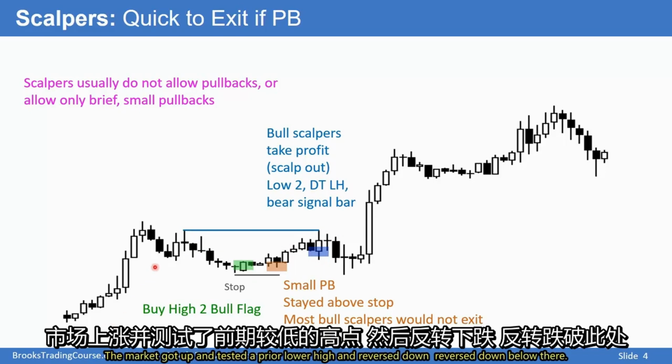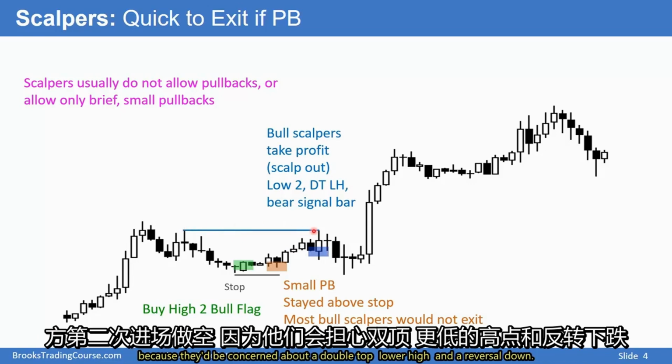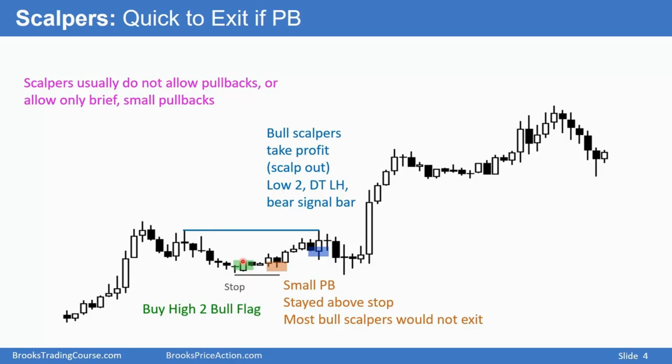The market got up and tested a prior lower high and reversed down below there. At this point, a lot of bulls will exit either below that bear bar or a second entry short below that bear bar because they'd be concerned about a double top lower high and a reversal down.